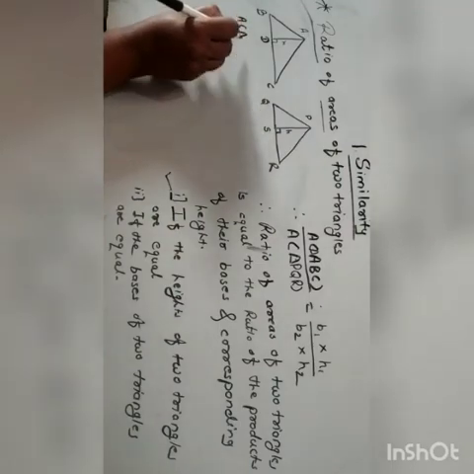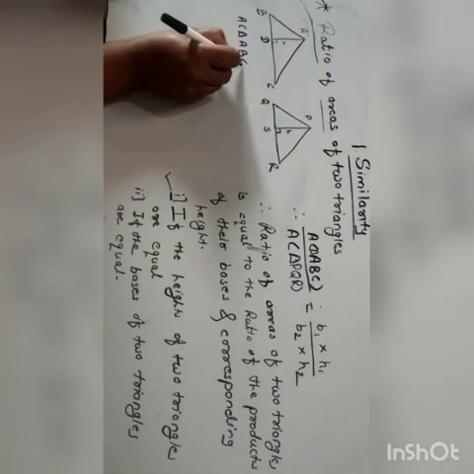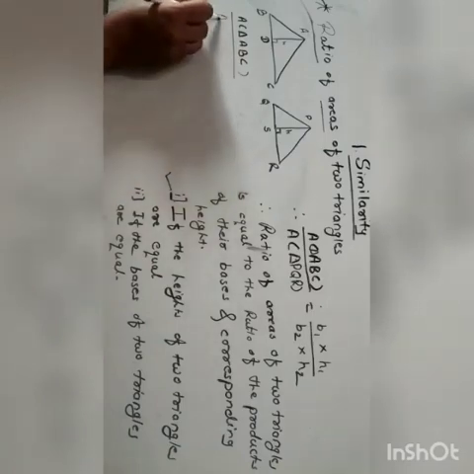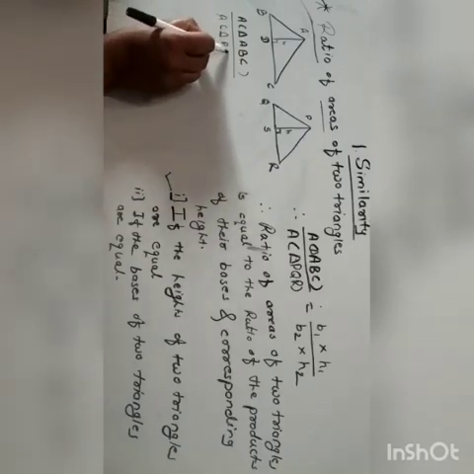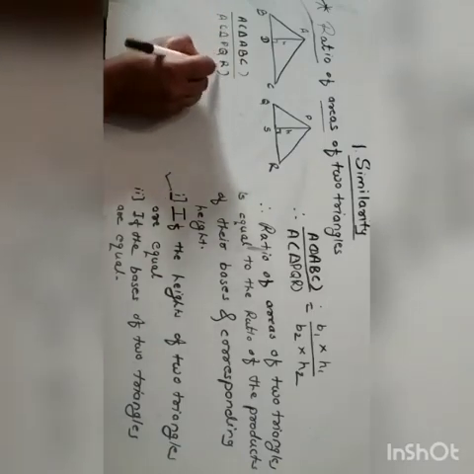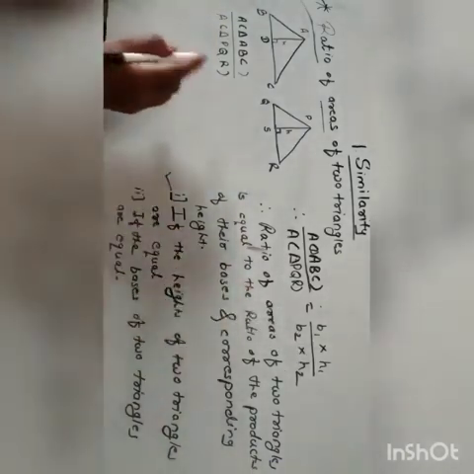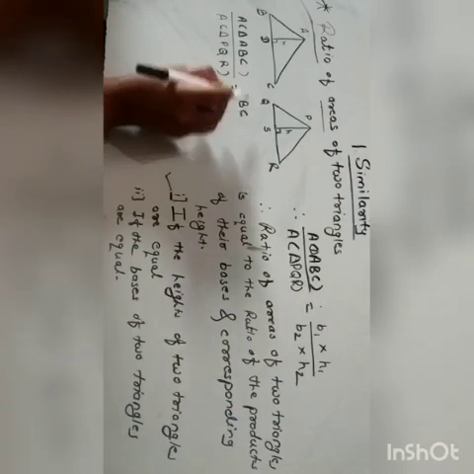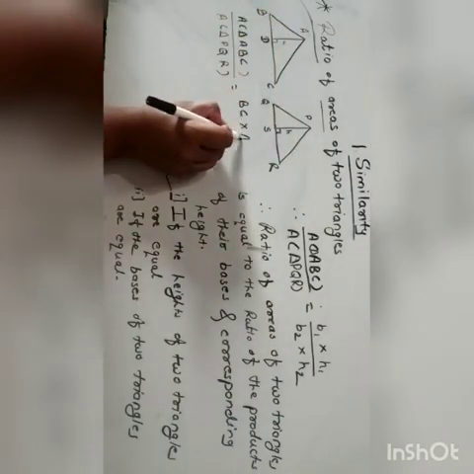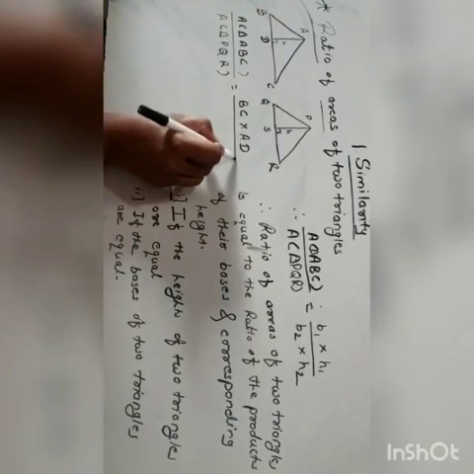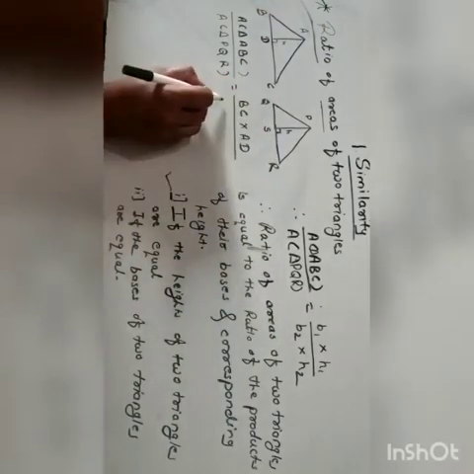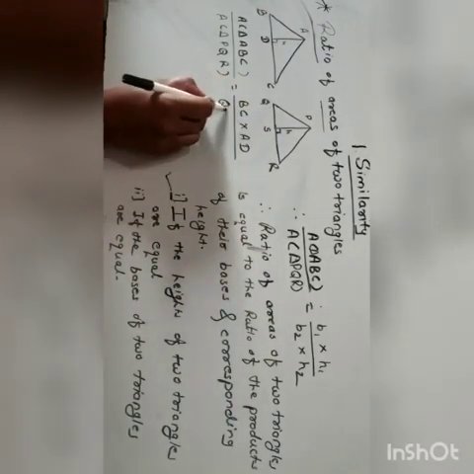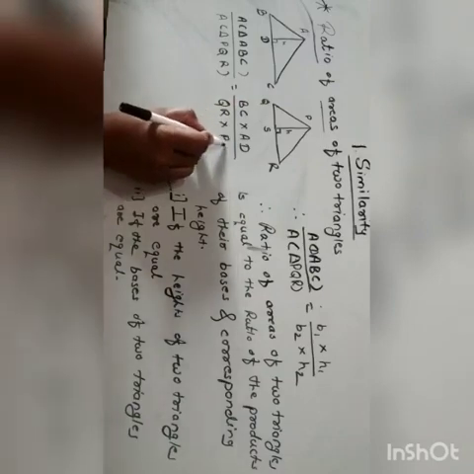So we write area of triangle ABC upon area of triangle PQR, with the respective bases and heights. ABC's base is BC and its height is AD. In triangle PQR, QR is the base and its height is PS.